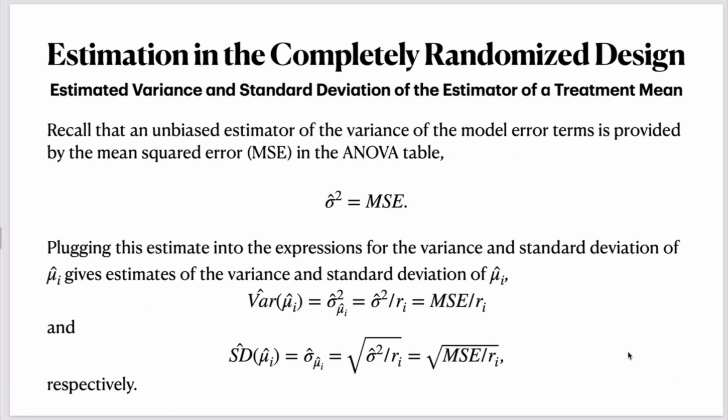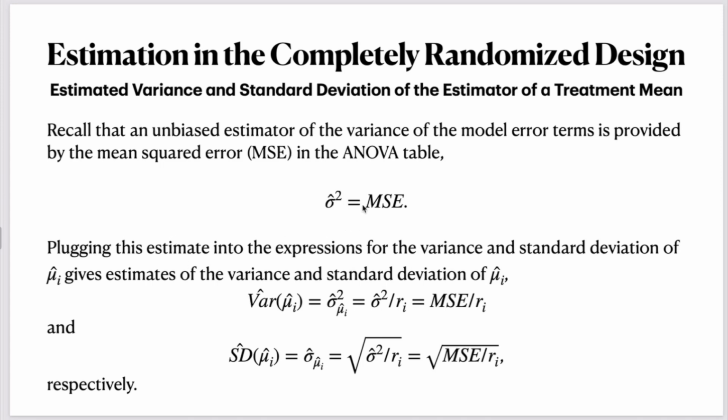And so with that in mind, we look now at the estimated variance and estimated standard deviation of the estimator of a treatment mean. So recall in our discussions about how to do the ANOVA, the analysis of variance, under the completely randomized design, recall that an unbiased estimator of the variance of the model error terms is provided by the mean squared error, the MSE, in the ANOVA table.